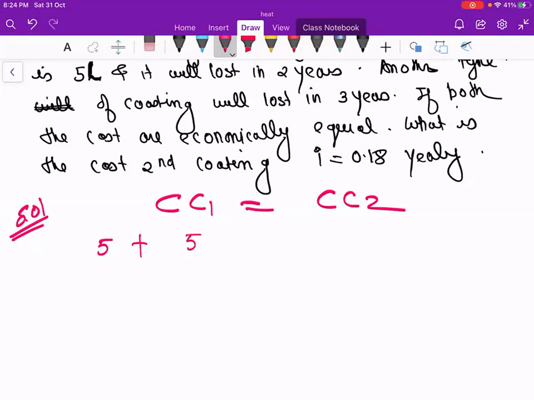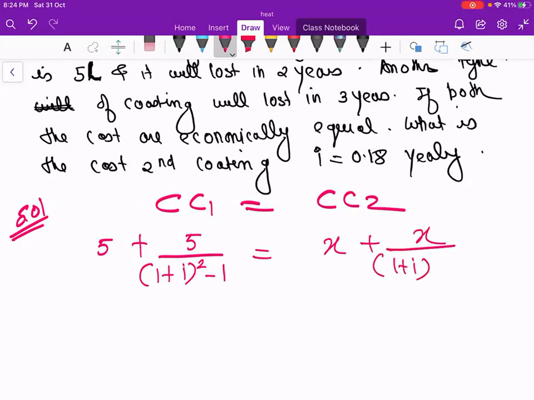So it is 5 plus 5 upon (1 plus i) to the power 2 minus 1. And we want to calculate x upon (1 plus i) to the power 3 minus 1. So the only unknown in this equation is x. So x will come 6.94 lakh. This is the answer.